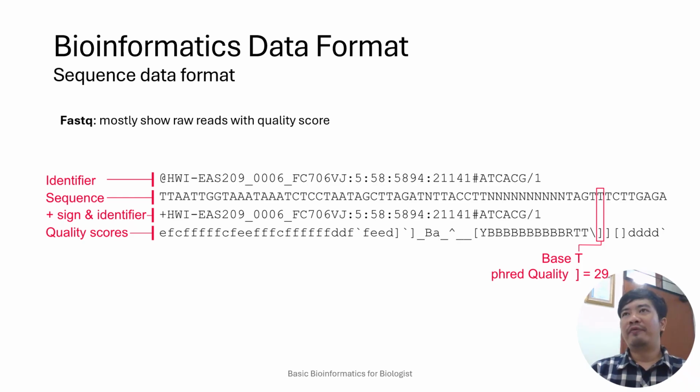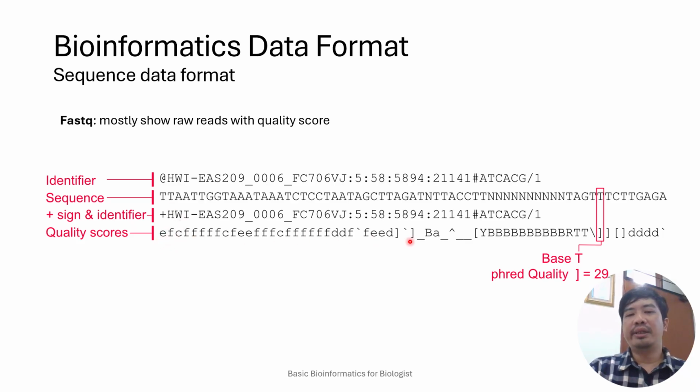For example, Illumina, even Sanger sequencing, PacBio, Oxford Nanopore, all produce FASTQ. What makes it different is that they have a quality score for each nucleotide. So this letter represents the quality of this base, and this letter is for this base.